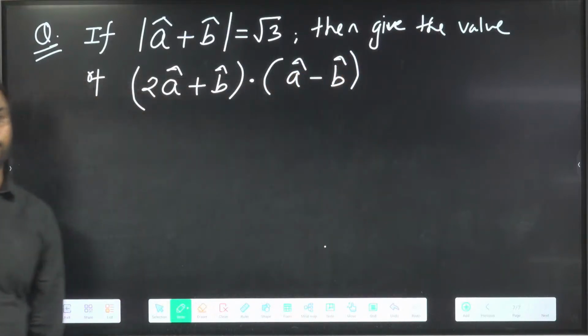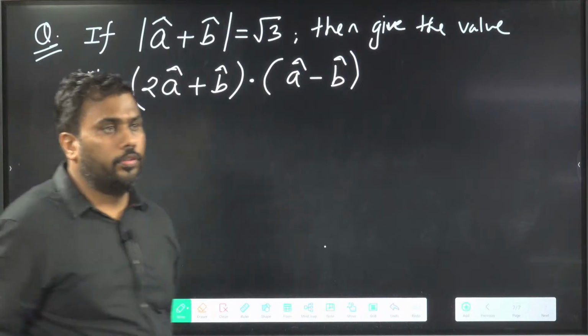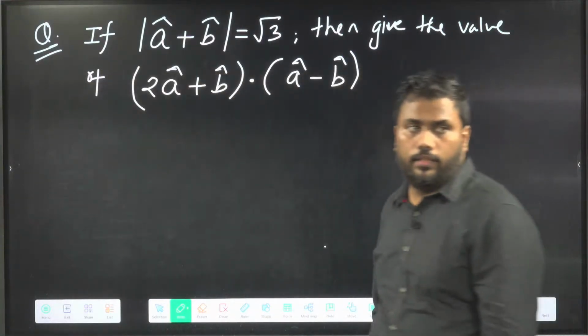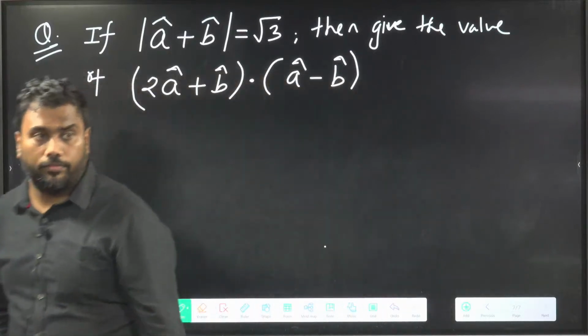Give the value of this expression. Magnitude of a cap plus b cap is root 3. Now give the value of this expression.